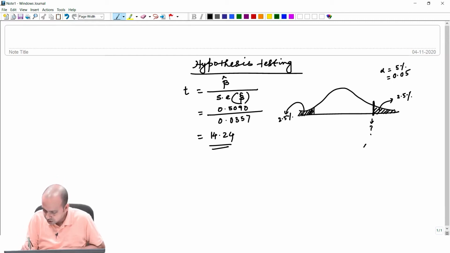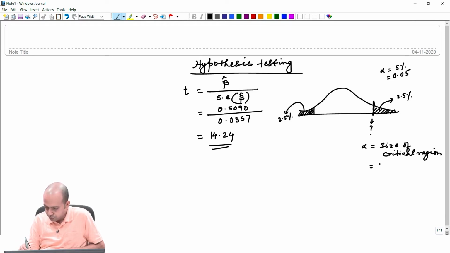So, alpha is the size of the critical region, or we can also say that this is the probability of committing type 1 error, or level of significance.